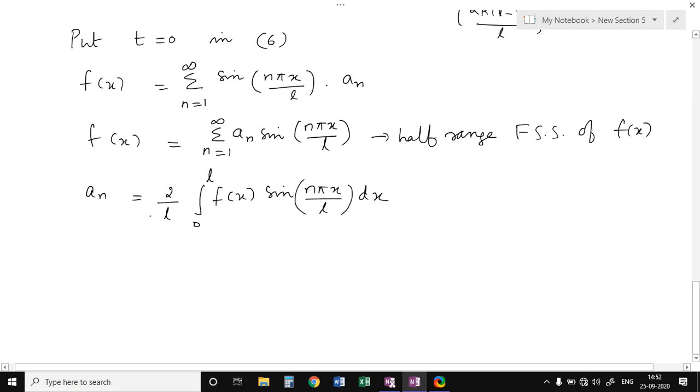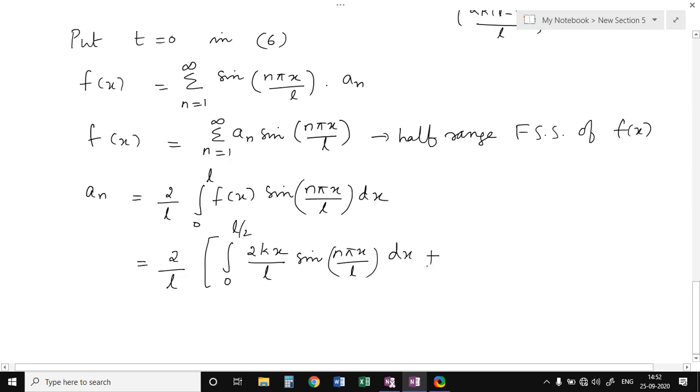Now, for evaluating this an, we have to substitute f(x) here and then we have to integrate. But here f(x) takes two different values in two different intervals. So we will split this integral into two and we will write the value there, so that we can write this as 2/L. First integral limits are from 0 to L/2 and the value for f(x) there is 2kx/L sin(nπx/L) dx.